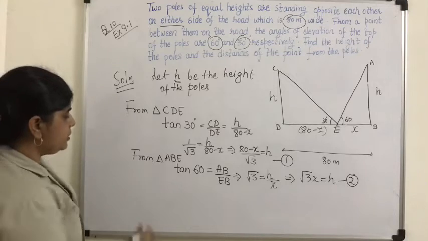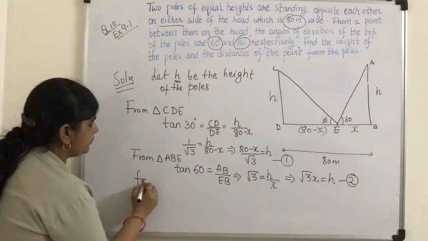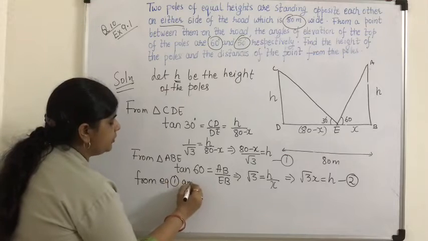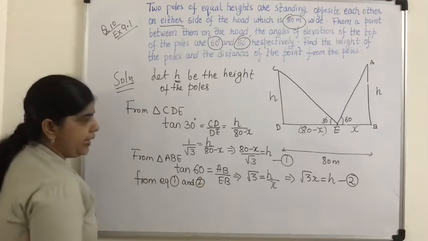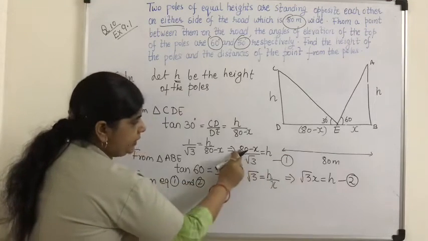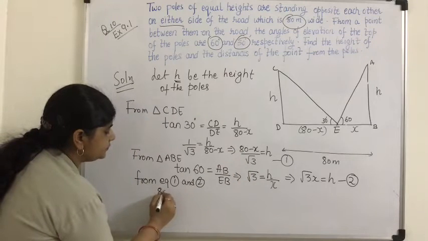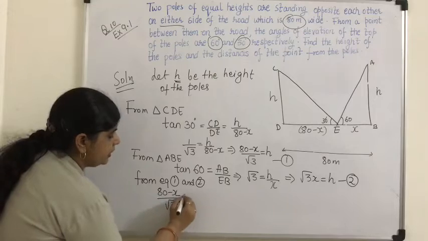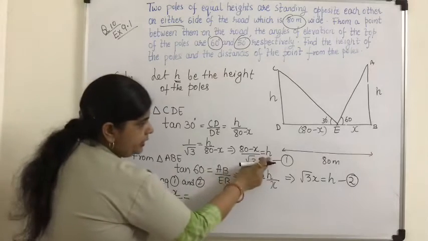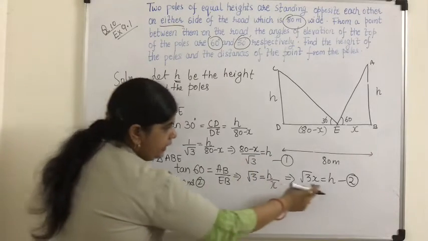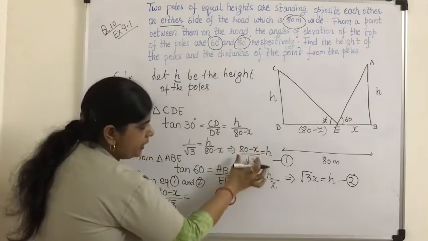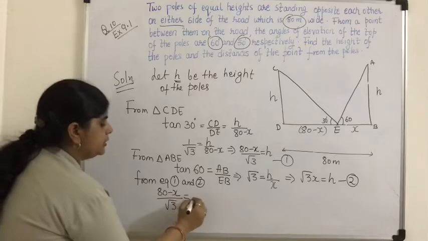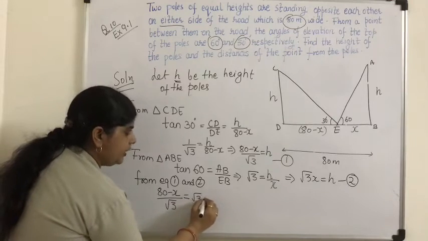So from equation 1 and 2, I can write 80 minus x upon root 3 is equal to, so here h is equal to this much and h is equal to this. So 80 minus x upon root 3 is equal to root 3 x.